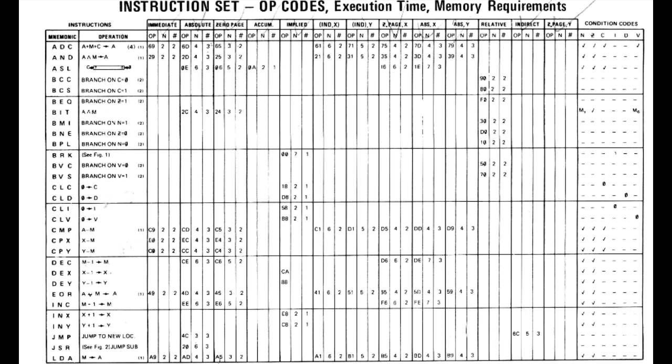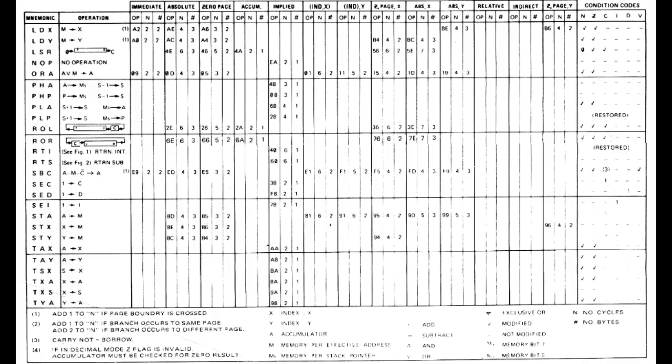It gets a byte from that location, and every byte corresponds to an instruction. For example, in the image we are seeing the 6502 instruction set, and in the OP column we have hexadecimal numbers that represent every instruction known to this processor.